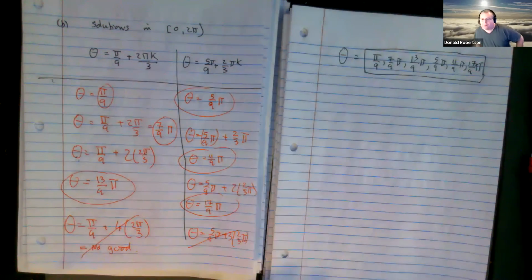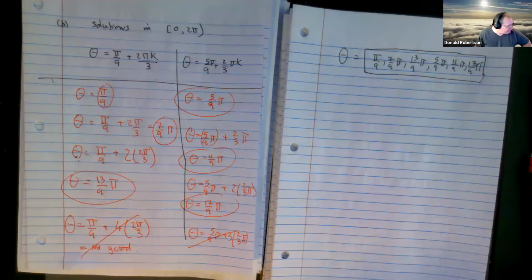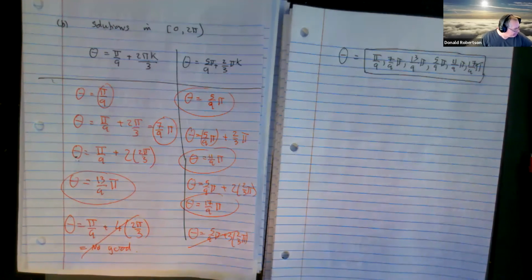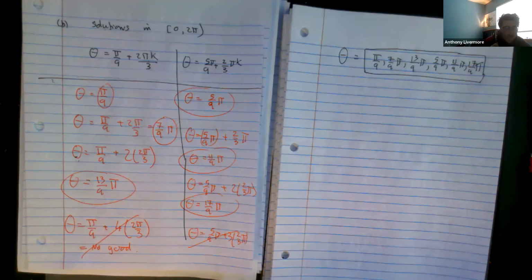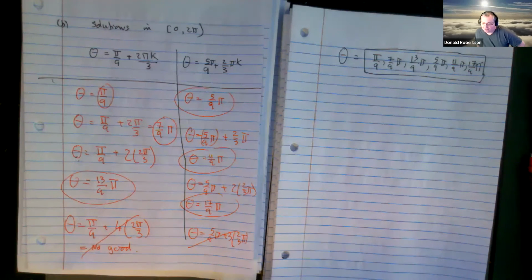What on earth could be wrong as far as WebAssign is concerned? It's not in the least to greatest order. That's it. Would you agree that's not really wrong? Isn't that all the answers are just maybe not in order?